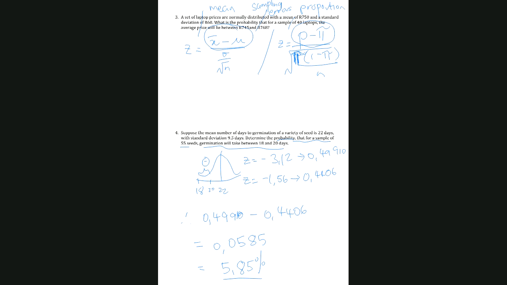Basically, it's the difference between the sample value and the population value. The denominator, which is this and this, is referred to as the standard error. Okay, so please make note of those. Those are all of the type of questions that you can be asked for this learning unit.